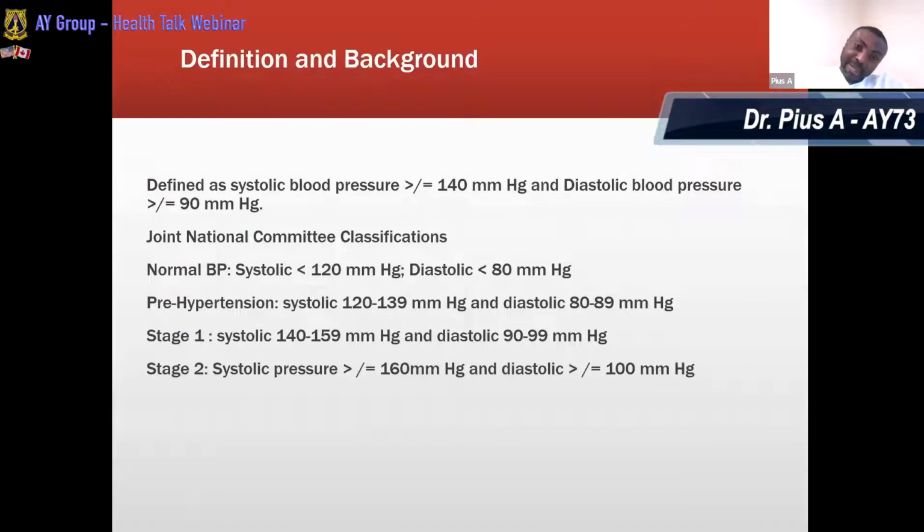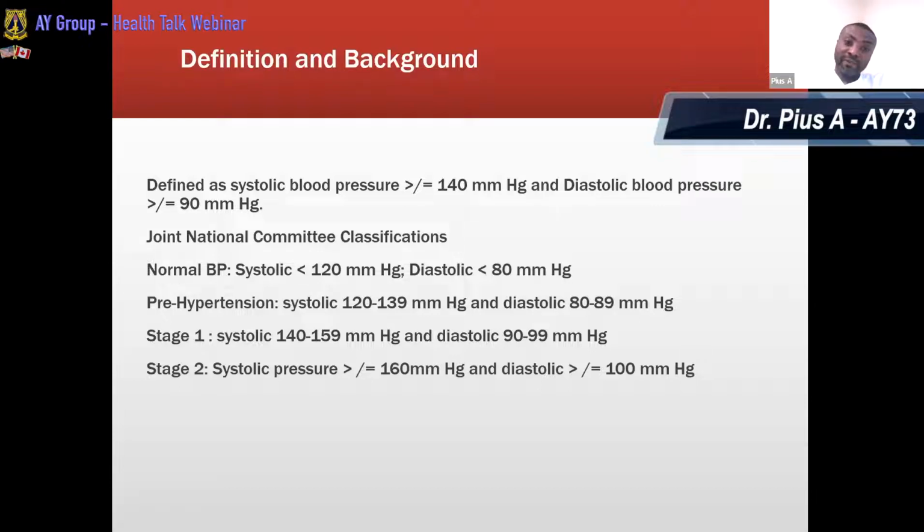So definitions and background. We have an organization called the JNC, the Joint National Committee on Prevention, Detection, Evaluation and Treatment. They give you the parameters as to what is classified as hypertension, the different stages of it.